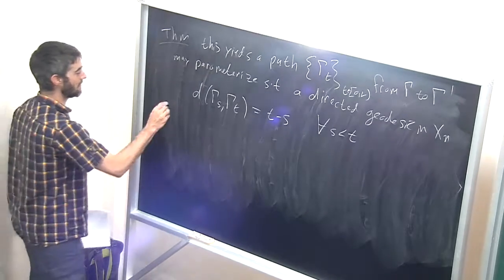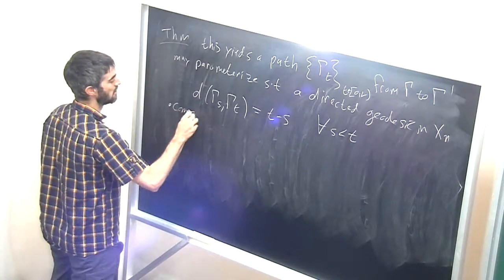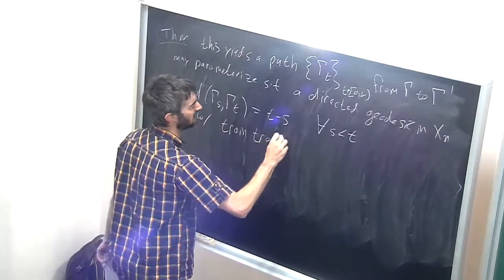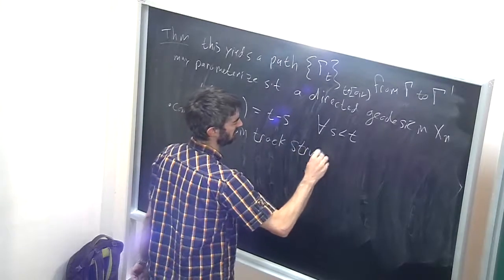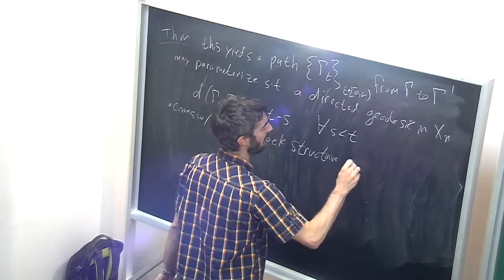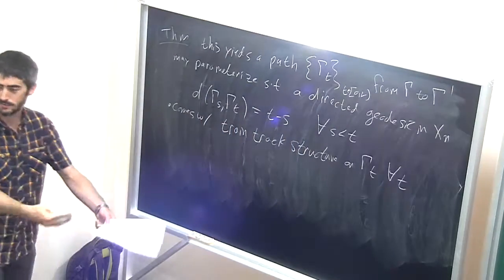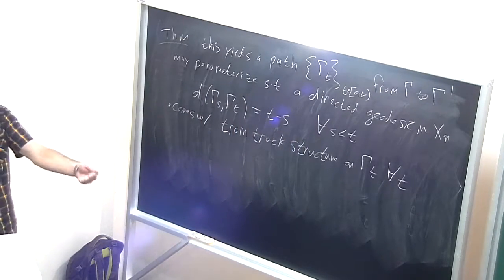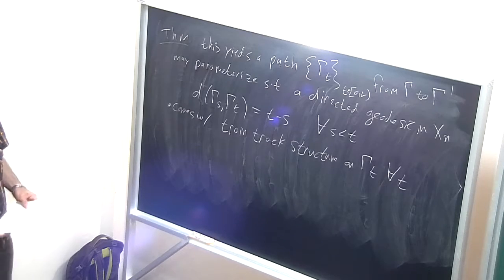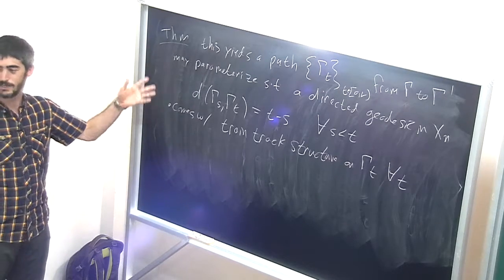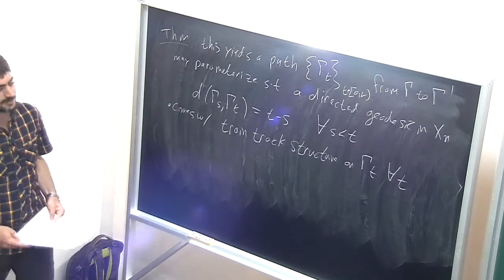So Anne maybe mentioned that this comes with a train track structure on gamma t at all times. So it's a path in outer space. It turns out to be a geodesic. So here's a theorem: in fact, outer space is a directed geodesic metric space for any 2 points.